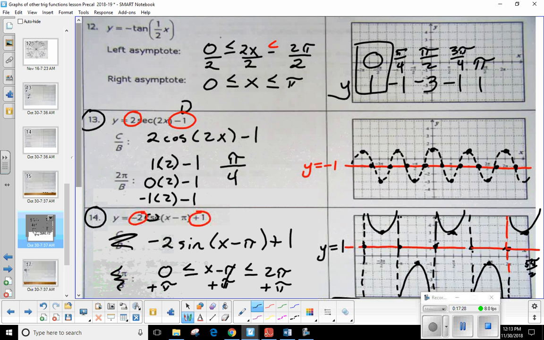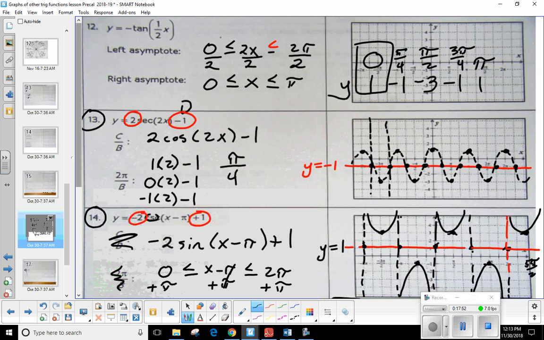Now, typically, we always look to the x-axis where you're going to have your vertical asymptotes. But if there's a vertical shift, like these numbers that I've highlighted here, we want to look to where this graph crosses the midline. Okay, so I would have an asymptote right there. Okay, so there's going to be quite a few here.